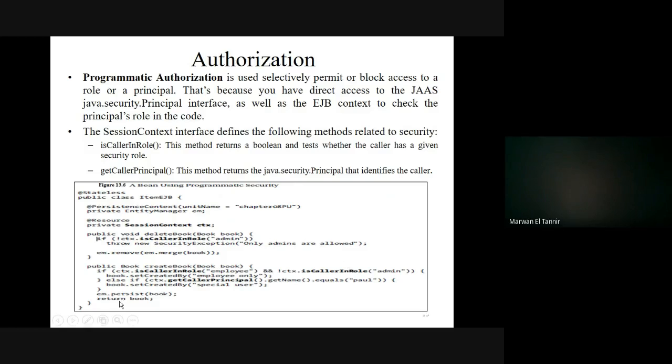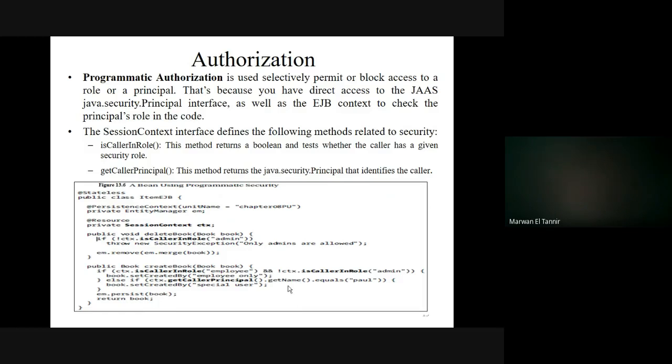Another use for getCallerPrincipal. If I have a log file and I want information about who is deleting, I want to write information about who is deleting or modifying something in a log file.